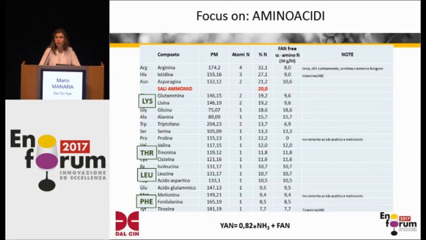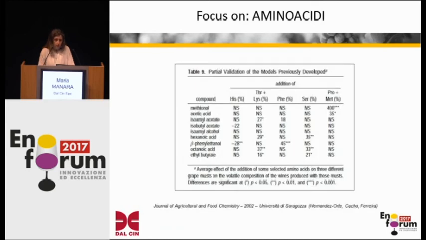There's another category of amino acids that seem to have a very positive effect on the aromatic expression of yeast, either because they are direct precursors of some aromas, such as phenylalanine, a precursor of beta-phenyl ethanol, which is a floral aroma, or leucine, which is a precursor of isoamyl acetate, which is also positive, and others such as threonine and lysine, which seem to correlate positively with the increase in fermentation aromas.